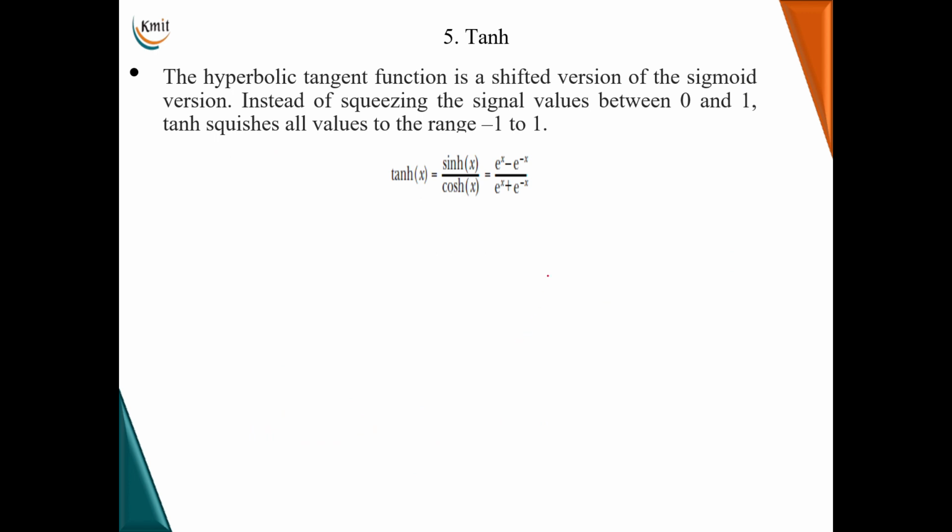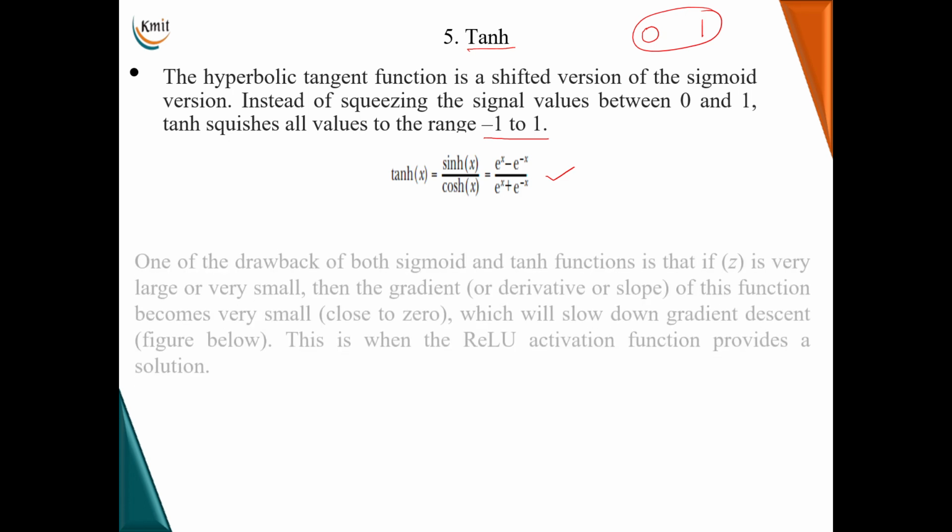Next, fifth type of activation function used is tanh activation function. Previous activation functions what we have discussed, that is step, sigmoid and softmax, their values range between 0 and 1, whereas tanh value ranges between -1 to 1, and its equation is e power x minus e power minus x by e power x plus e power minus x.